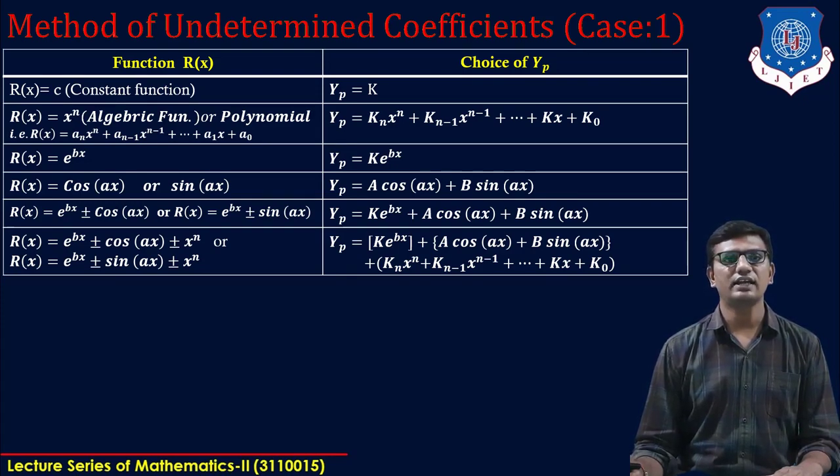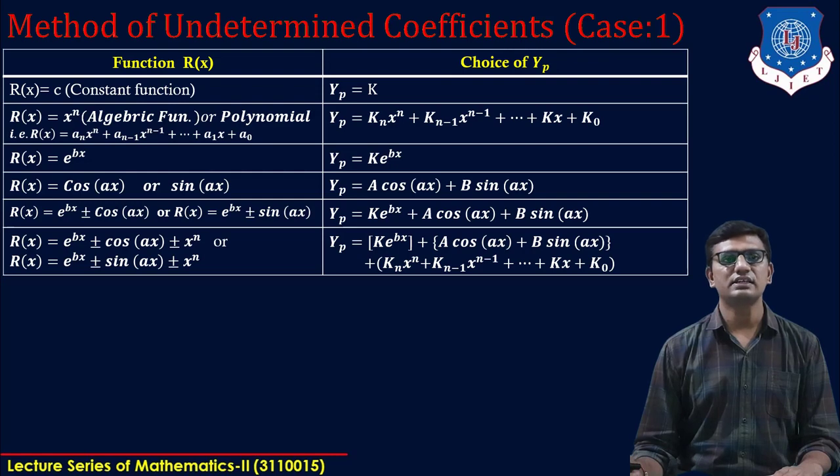If R(x) is an algebraic function or any polynomial, then Yp is k_n x^n plus k_(n-1) x^(n-1) up to k_1 x plus k_0. Here k_n, k_(n-1), k_1 are all undetermined coefficients.